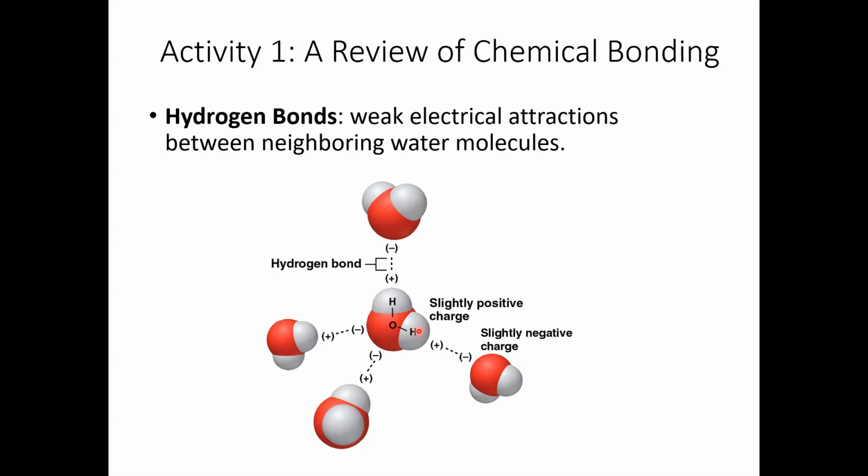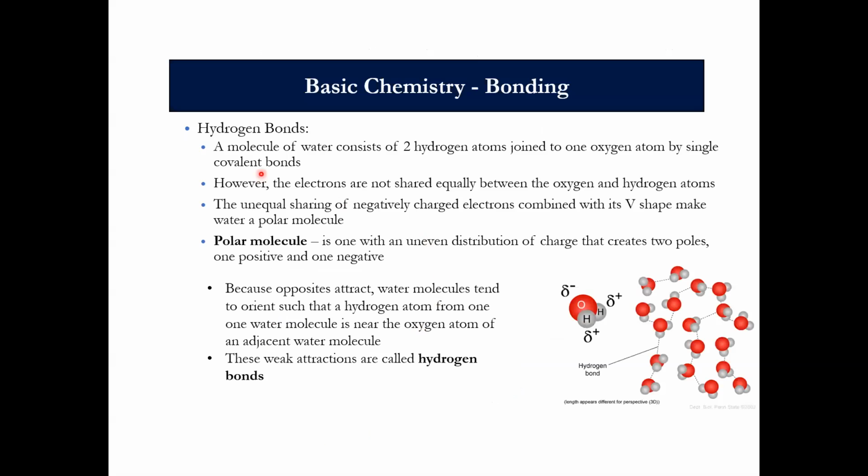By itself, it's not very strong, but in numbers, it is an extremely strong bond. A molecule of water consists of 2 hydrogen atoms joined to 1 oxygen atom by single covalent bonds. The electrons are not shared equally between the oxygen and hydrogen atoms. This unequal sharing creates this V shape, which makes it a polar molecule.